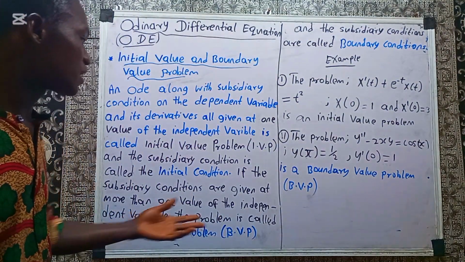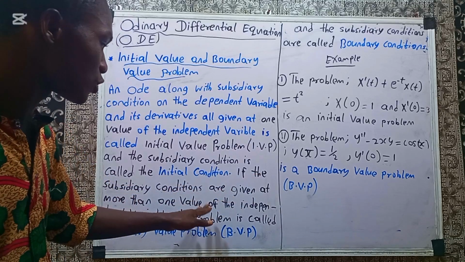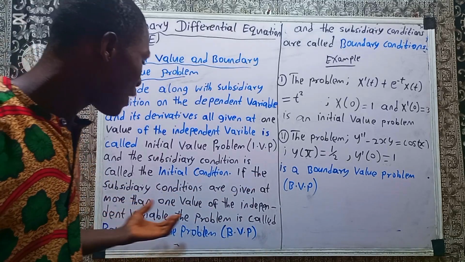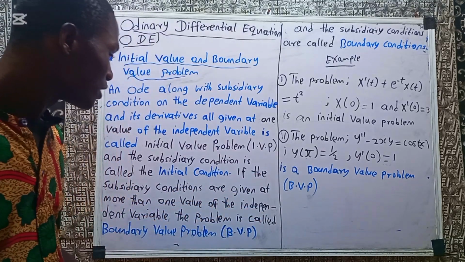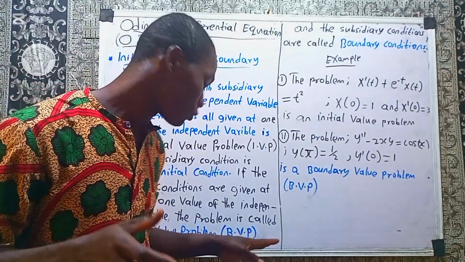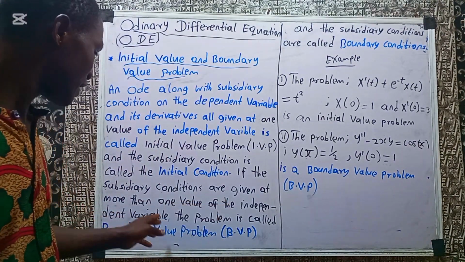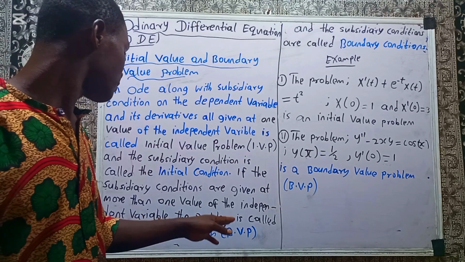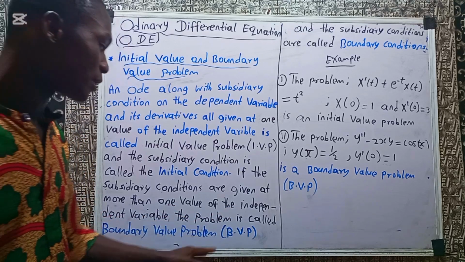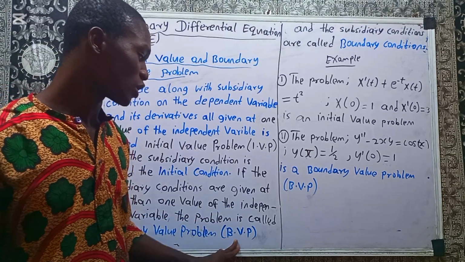So we say that if the subsidiary conditions are given at more than one value of the independent variable, then the problem will be called what? Boundary value problem. You can write it in short form like this.